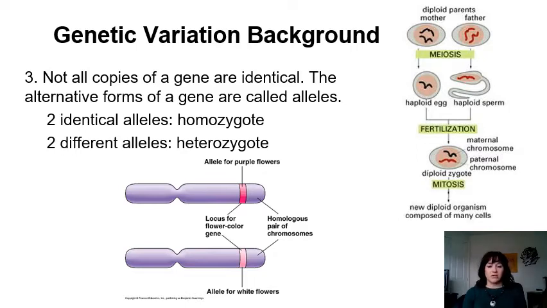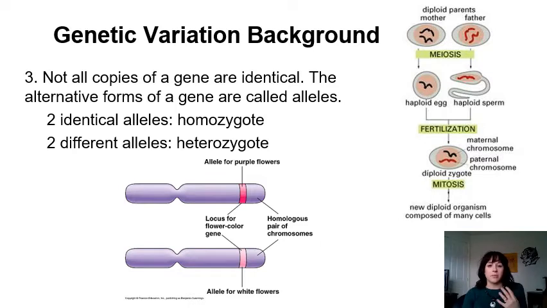Again, each of those chromosomes came from each parent, and now the offspring has both of those chromosomes. It has both alleles, both variants of that gene. Now, if that offspring has two identical alleles, say both parents had purple flowers and they both passed down the variant that determined purple flowers, that individual is called a homozygote.